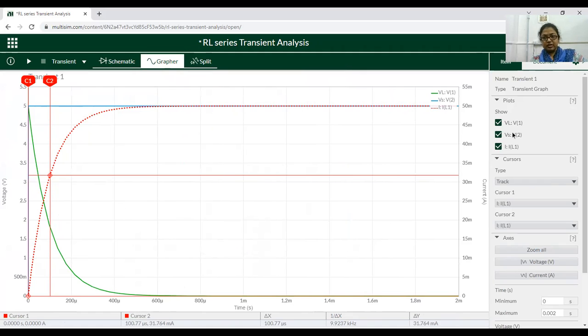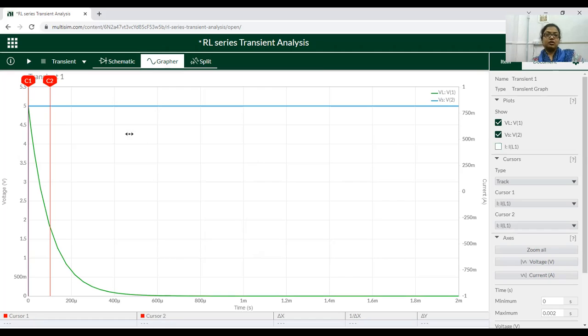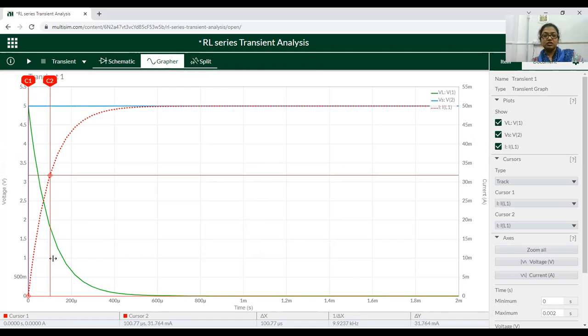Now on the right side you can see VL. This is your input and this is your VL. This green curve represents the voltage drop across the inductor. If I want to see the current flowing through the inductor, this dotted red line represents the current.